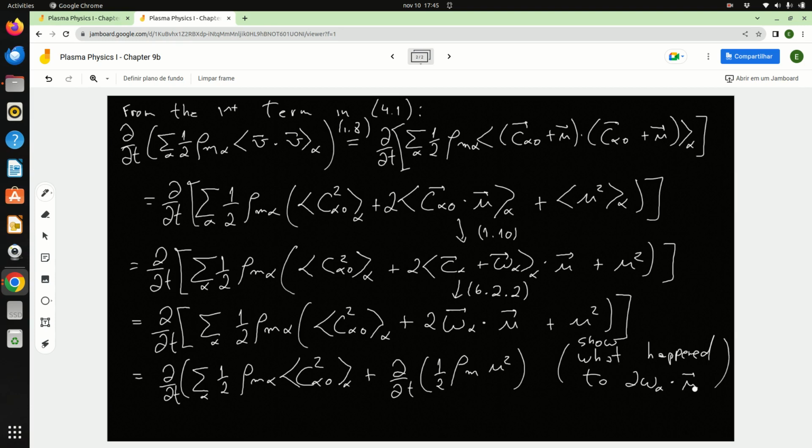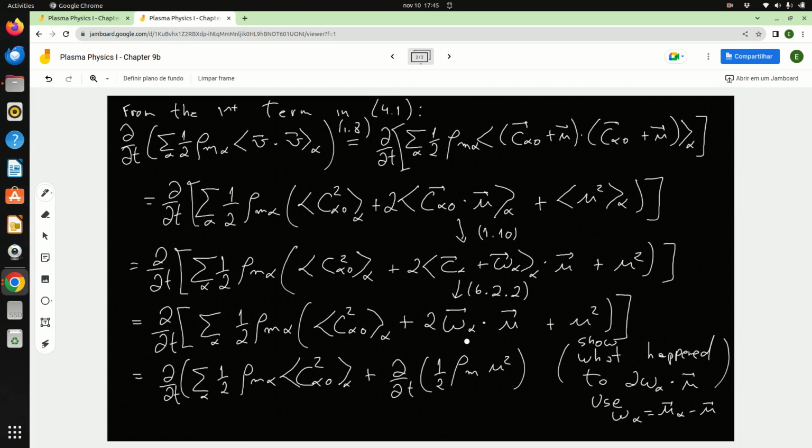I'll leave it for you to think about. And to show it, use this: omega alpha is equal to u alpha minus u. Then it should be clear after a few computations that you actually get this equal to 0, right?